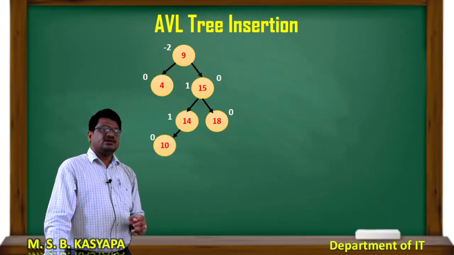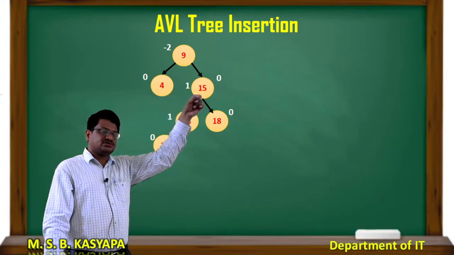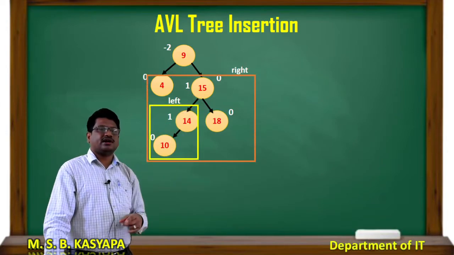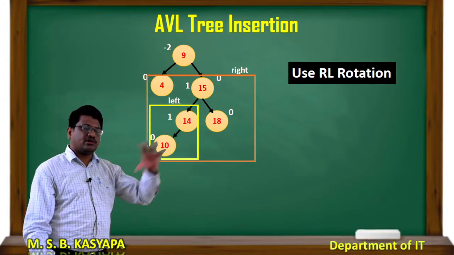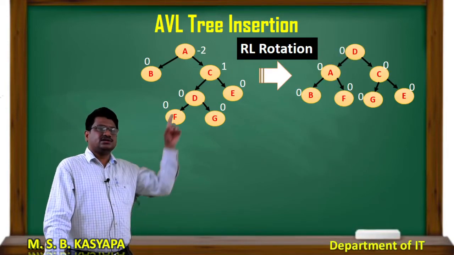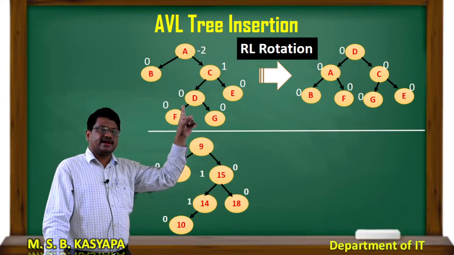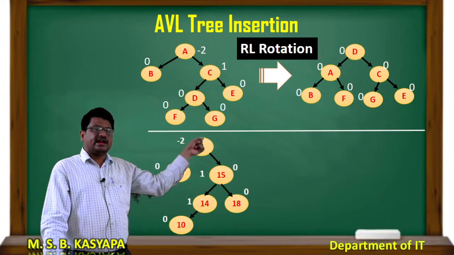If you see, now minus 2 means it is right, and the right child is plus 1. So that means RL. We are using the RL rotation again. So according to RL rotation, first the right's left child will become the root node. 9 will become the left child.